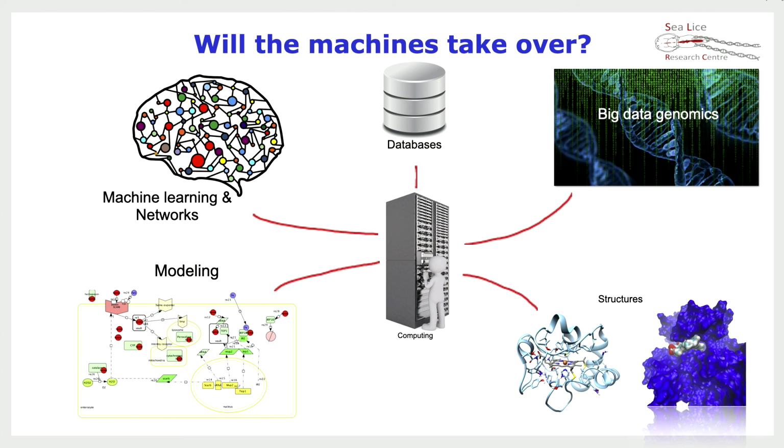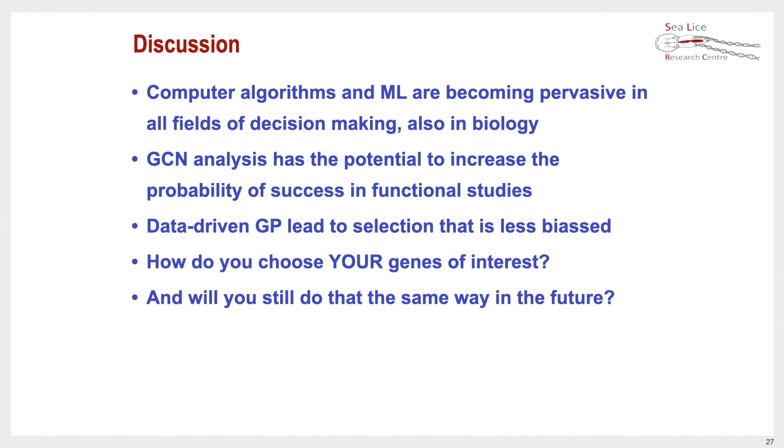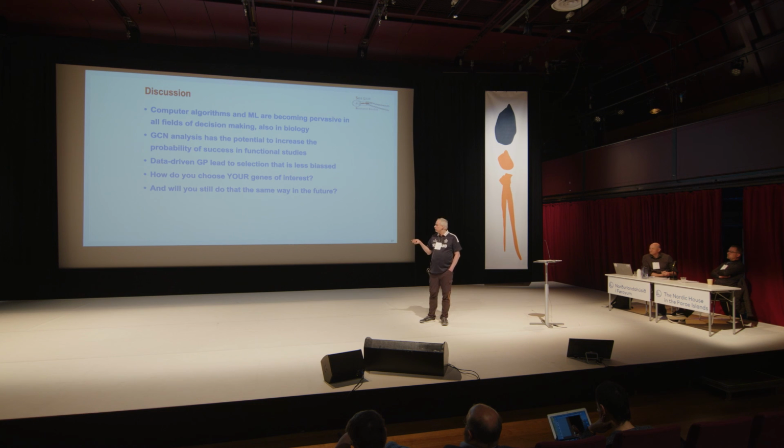So the question is now, if this was successful, even with a small set, will the machines take over? This is maybe the wrong question because they already have, right? Computer algorithms and machine learning are becoming pervasive in decision making, and we propose that that should also be the case in sea lice biology because we have the tools now. Still, there's a lot to be improved, of course.